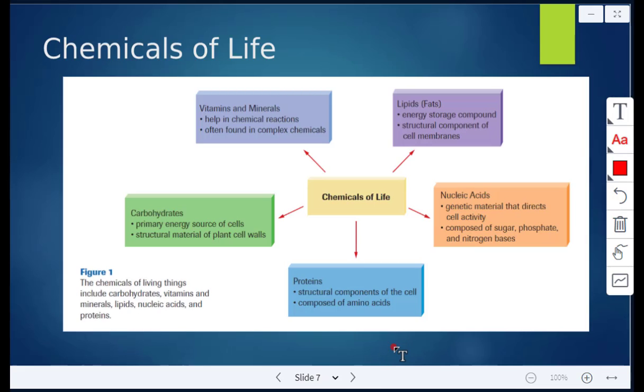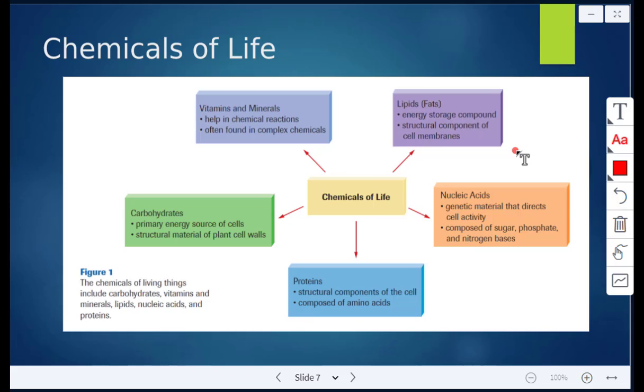After that, we get into the chemicals of life. These are the biomolecules. For example, carbohydrates are the primary energy source of cells. They're also the structural material of plant cell walls. There are proteins, the structural component of cells, composed of amino acids. There are lipids, which are the fats.